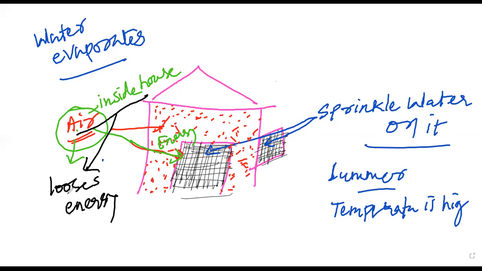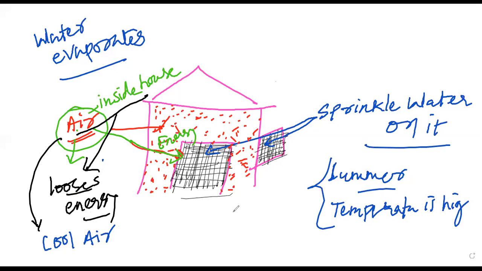As this air inside the house loses energy, it becomes cooler. This air turns out to be cool air. And on a hot summer day, if the air inside your house is cooled, that is what you wish or that is what you want.